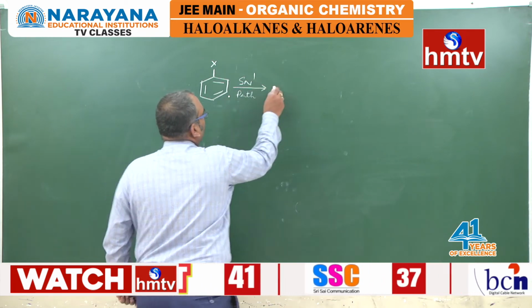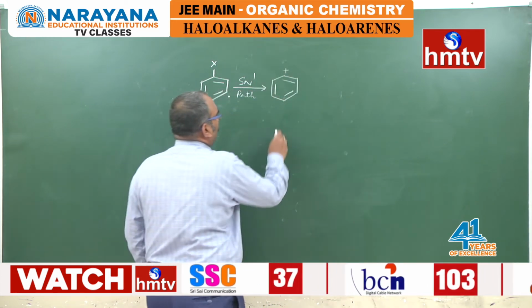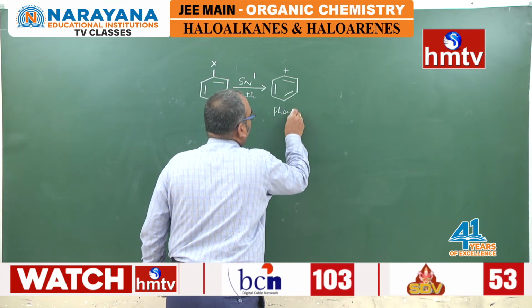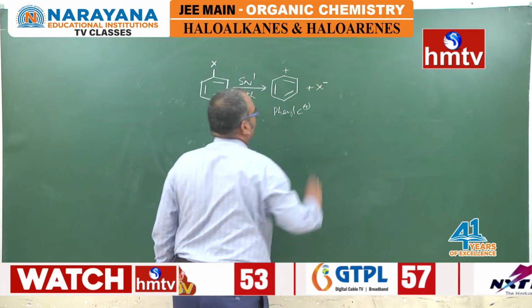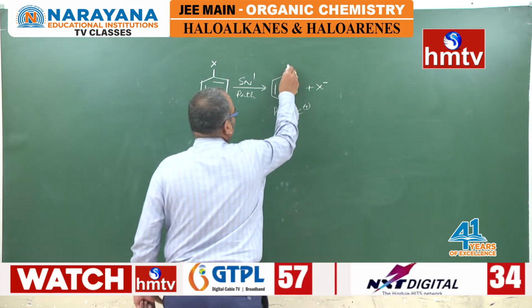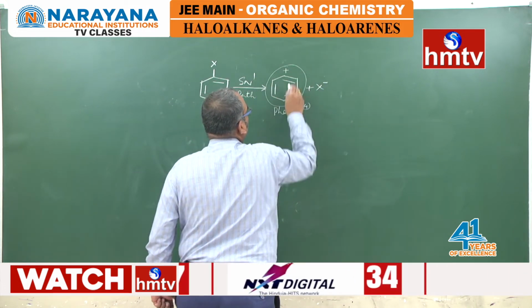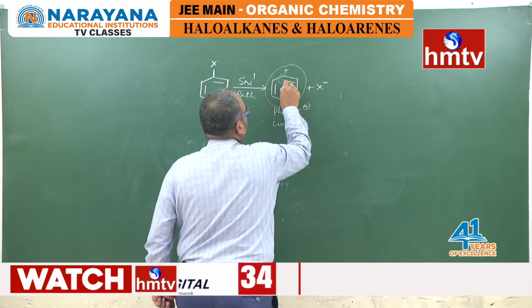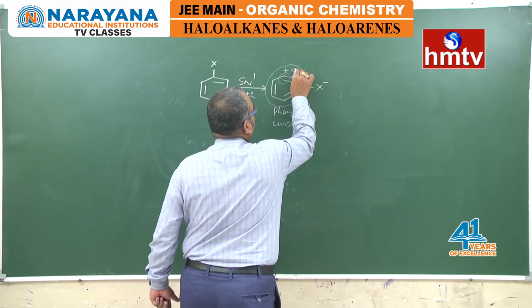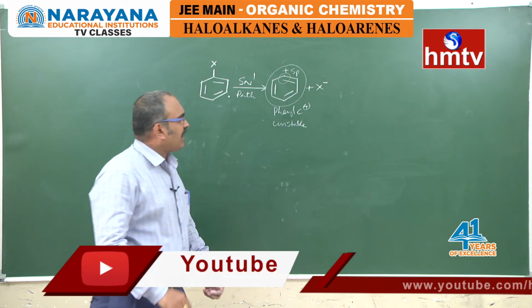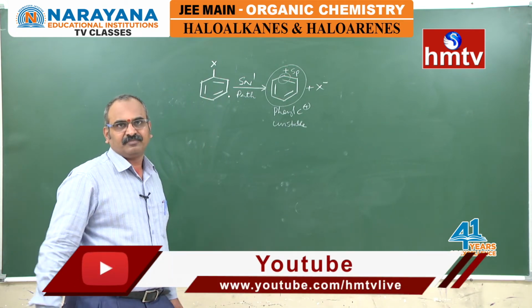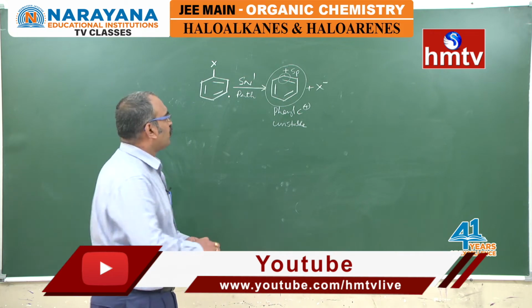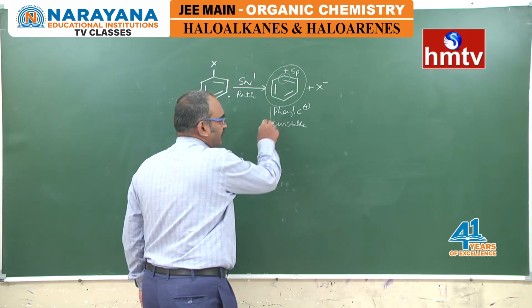Now for the SN1 path, it is supposed to form a phenyl carbocation and a halide ion. Phenyl carbocation is extremely unstable because here the carbon is becoming sp hybridized. The bond angle is becoming 180 degrees and it is difficult to exist in the ring. That's why phenyl carbocation is extremely unstable.